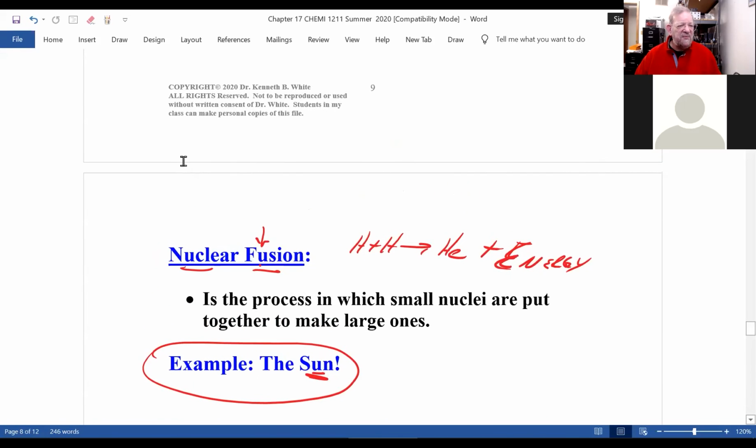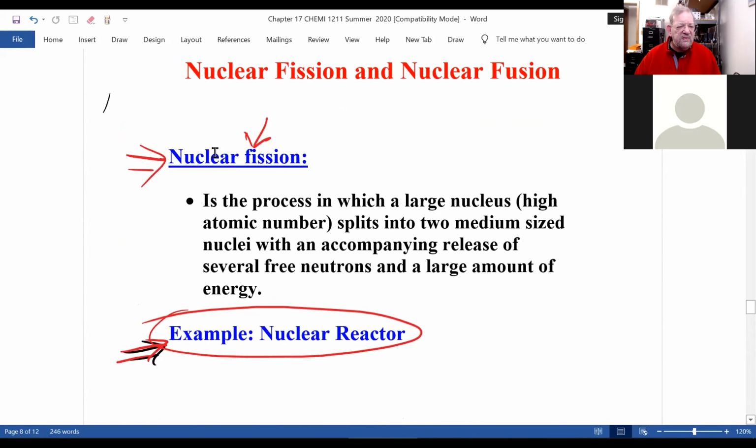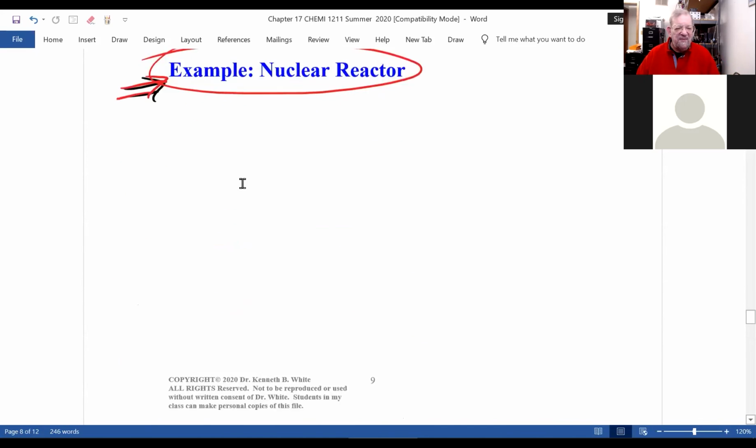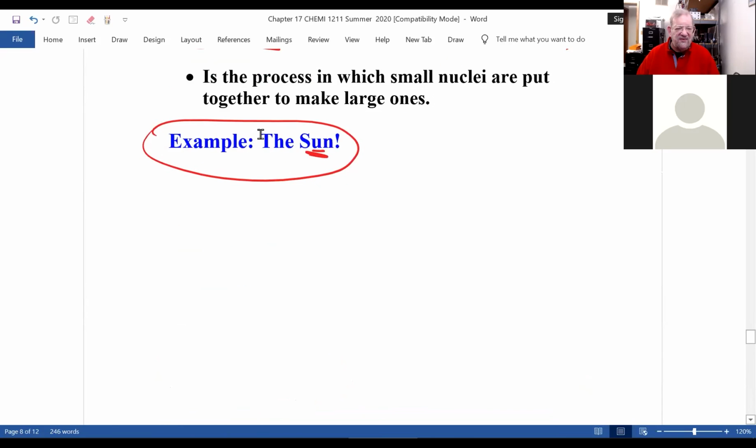So let's go back and review. Nuclear fission is where you have a large atom splitting to smaller ones in energy. This happens in a nuclear reactor. And fission doesn't have a U, so that's not what's happening on the sun. And it's happening in our nuclear reactors.